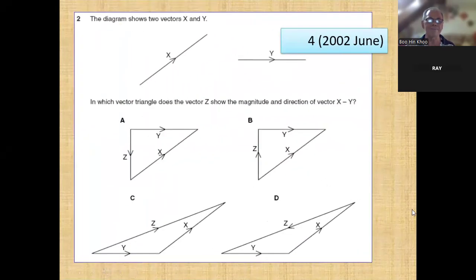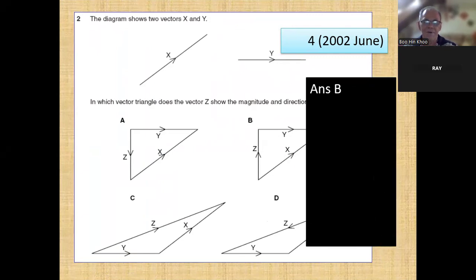Number 4. I think it's D. Z is x minus y. Teacher, is it because it's not in equilibrium?